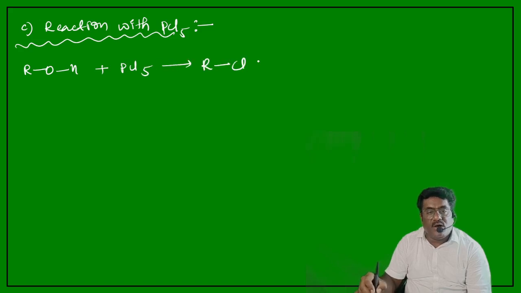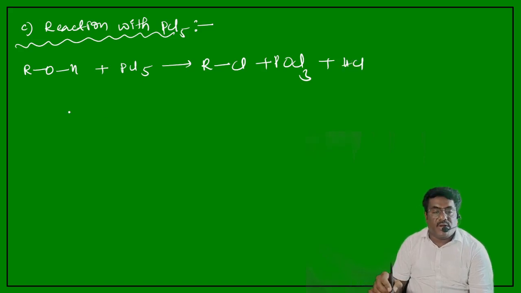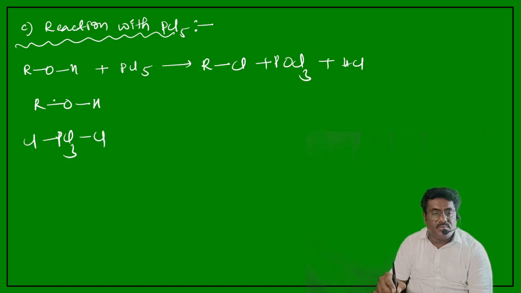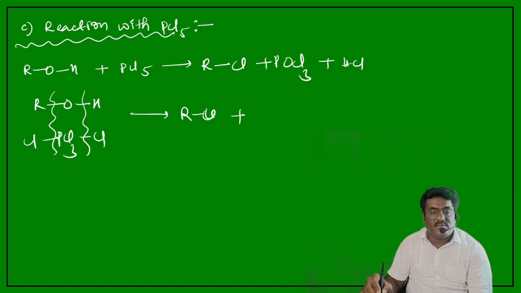It gives RCl, POCl3, phosphorus oxychloride, and hydrogen chloride. So simply it forms RCl, POCl3 plus HCl.